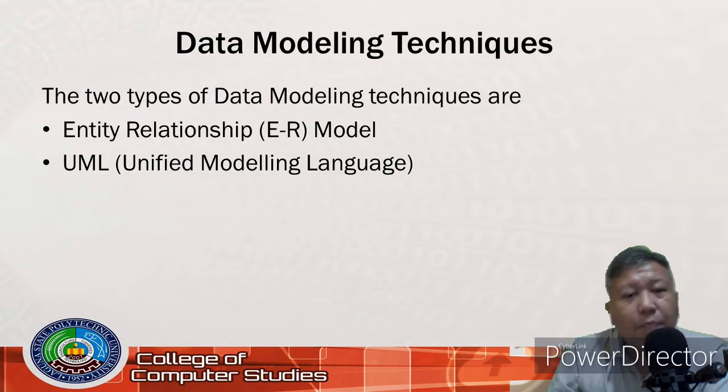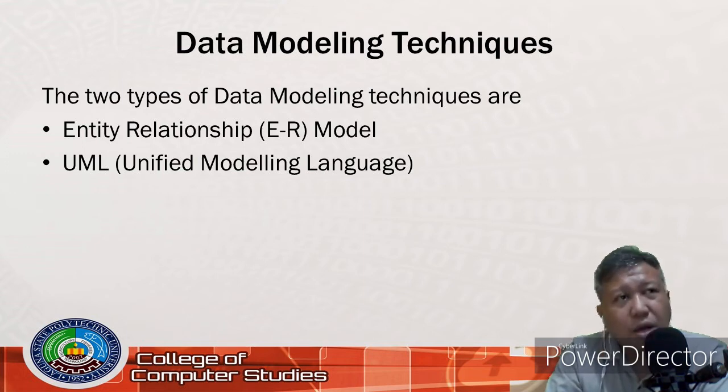There are two popular data modeling techniques. Ito yung entity relationship model or yung ER modeling and the unified modeling language, UML. Depende ito sa bansa. Okay. So as far as I know, ang Japan, ang Europe, and some companies in US gumagamit ng UML.